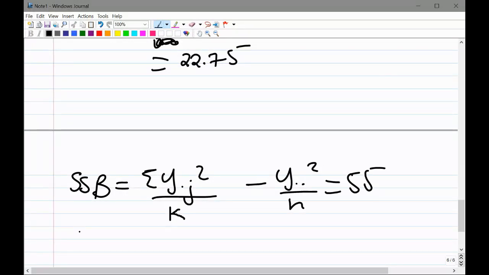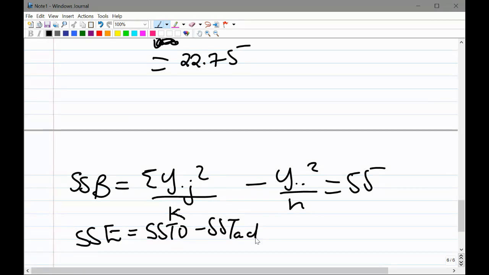So it's 55. So now you can find your SSE. SSE is given by SSTO minus SST adjusted minus SSB, which, when you calculate, you'll get 3.25.